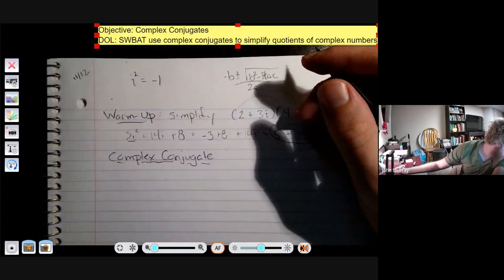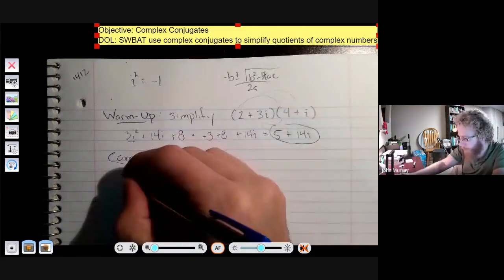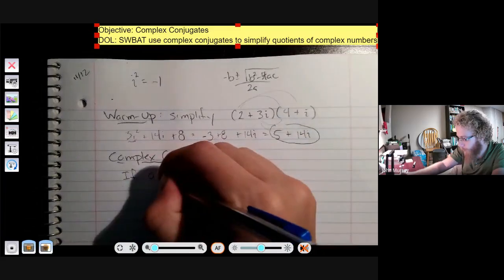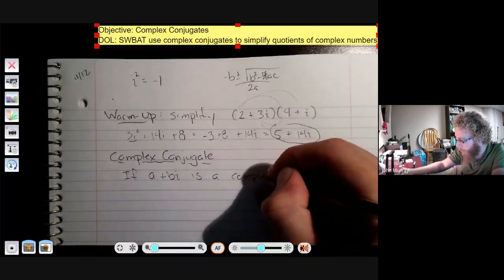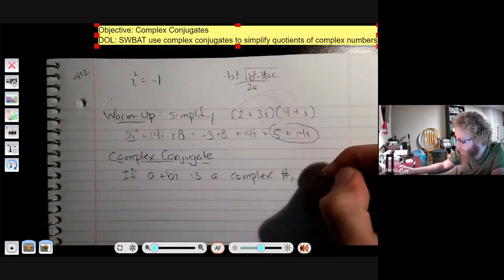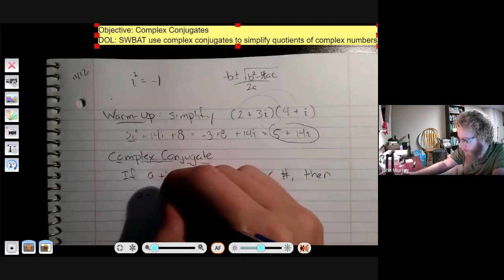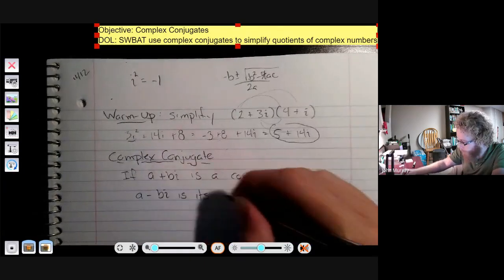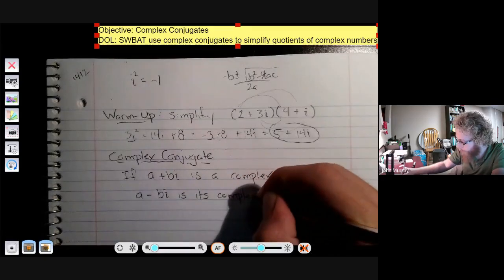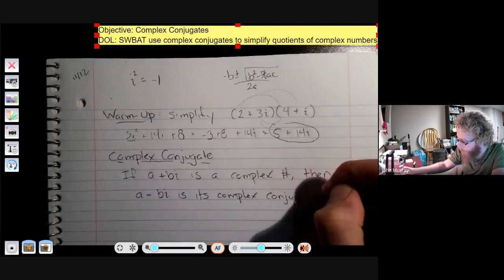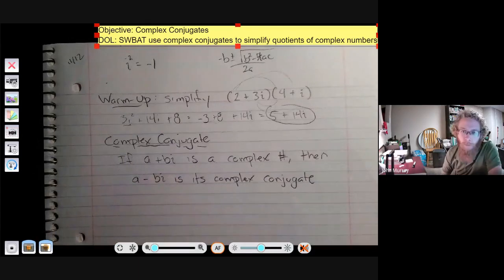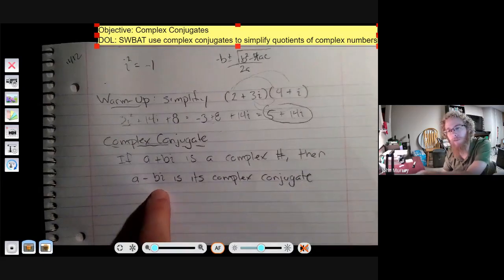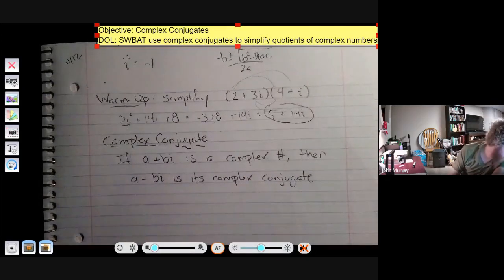So, right, if we have some complex number, a plus bi, then what we do is we change the sign of the imaginary part, and that's called the complex conjugate.